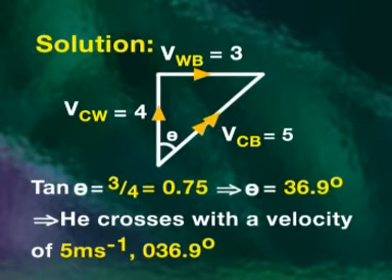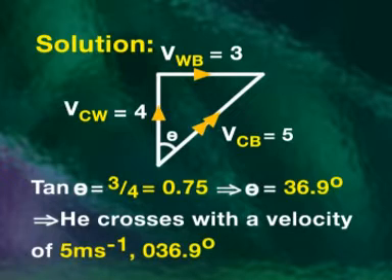For the direction, tan theta equals 3 divided by 4. This equals 0.75. Finding the tan inverse of this gives us 36.9 degrees.